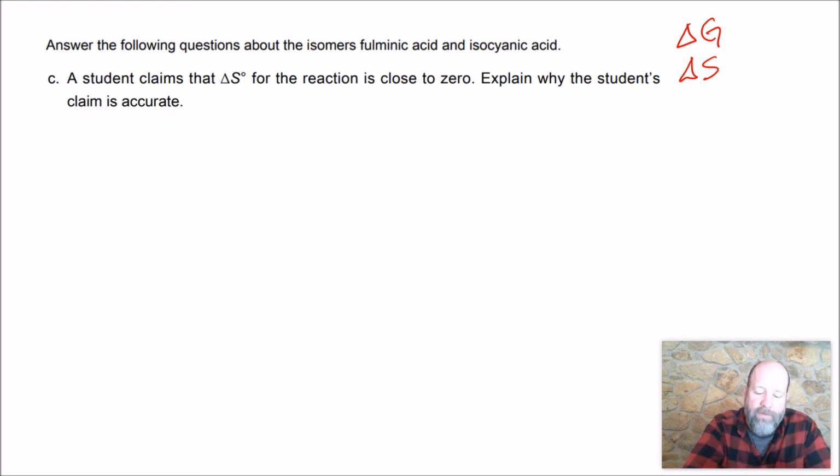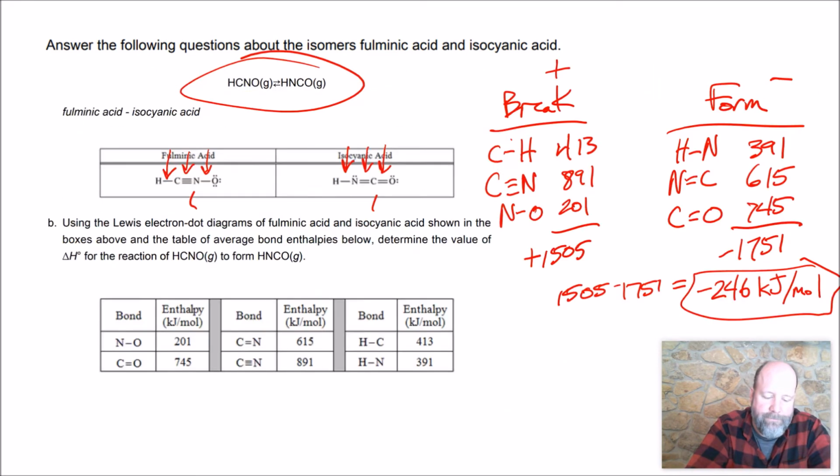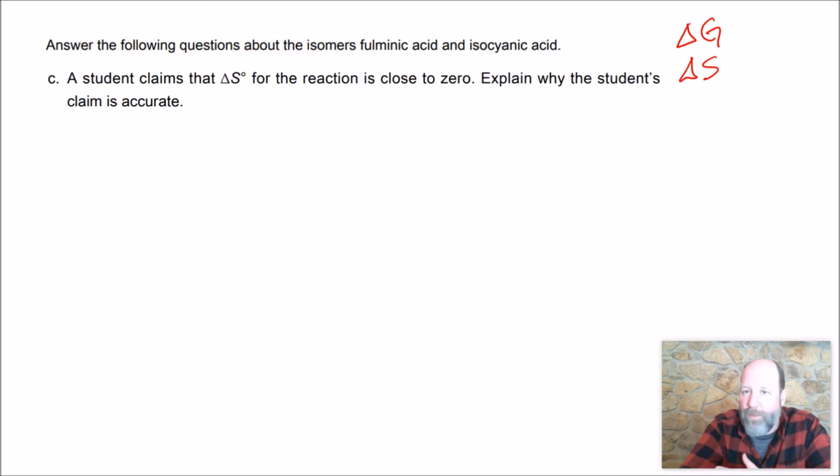And when you go back to this original reaction, which is right here, there are gases on both sides. Their molecules are exactly the same size. There's only one molecule on each side. So we're really not changing anything that's going to affect the entropy.